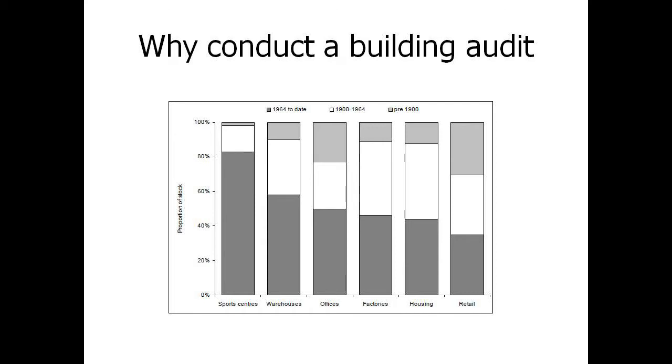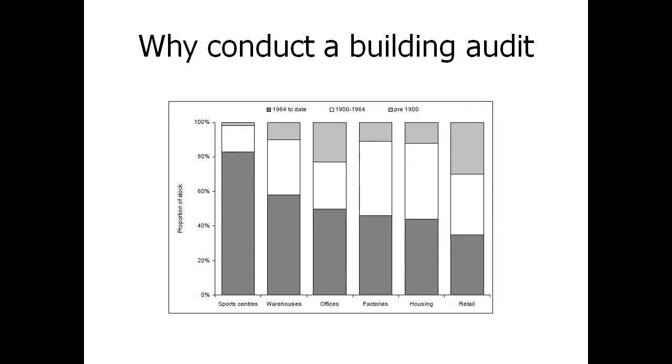So we might be considering the building audit for one particular building, or it might be for one of many in a portfolio of buildings. Having said that, we need to know how that building is performing by itself and in comparison to others. A simple graph here showing each type of building and the percentage of buildings by age is already a pretty good indication of where our problems might lie.